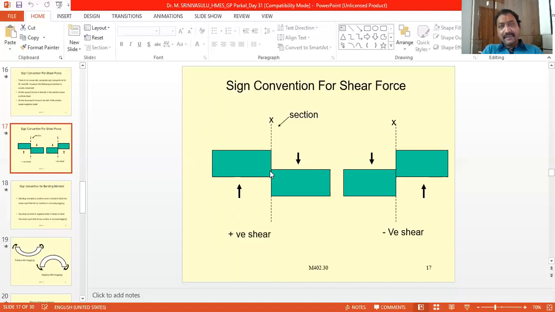So we select the point at which the bending moment or shear force is required, and at that point we have two sides: to the right of the section and to the left of the section. The bending moment is the algebraic sum of the moments of all the forces acting either to the right or to the left of the section, and it is the bending moment acting at that point.